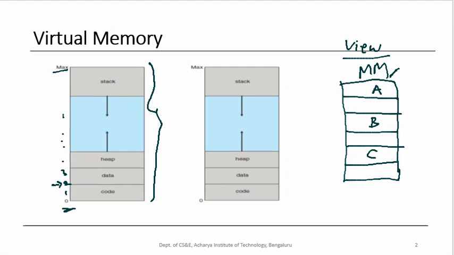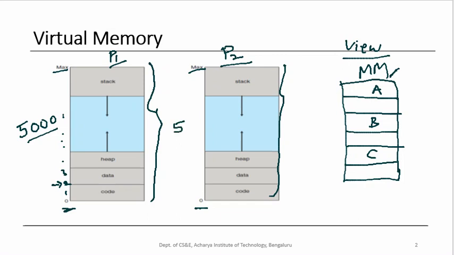Okay, so whether it is your process P1 or process P2, every process wishes to see itself like that, or every programmer wishes to see the process like this. Every process starts at address 0 and ends at some maximum address. Let's say 5000 is a valid address in P1 and 5000 could be a valid address in P2 as well, but the 5000 of P1 should not collide with the 5000 of process P2.